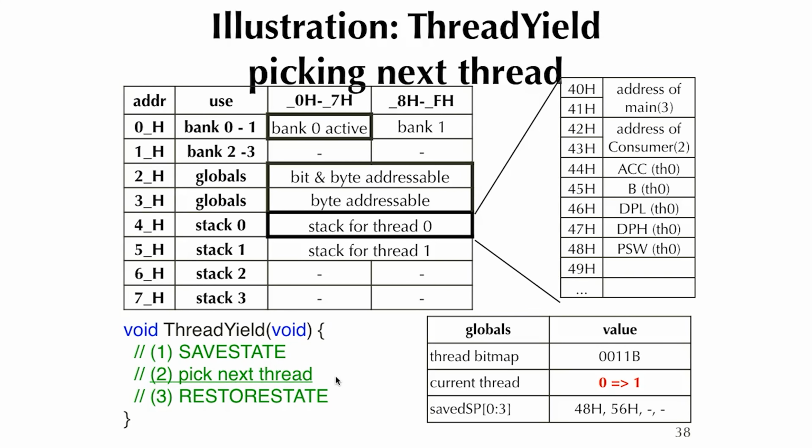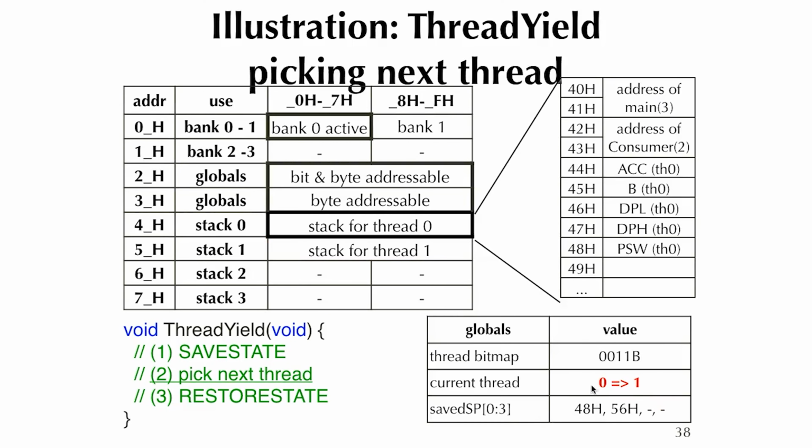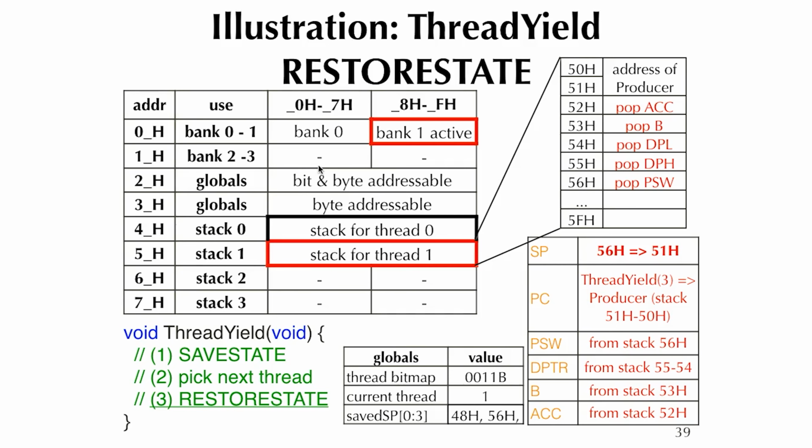Okay. And then once it picks a current thread, it could do restore state. Restore state is another macro which does the reverse of save state. So what does it do? It pops off from the top of the stack, the top of the thread. Now, we were running thread 0, but after setting this to thread 1, as soon as you start doing restore state and switch the stack pointer based on the current thread, right?